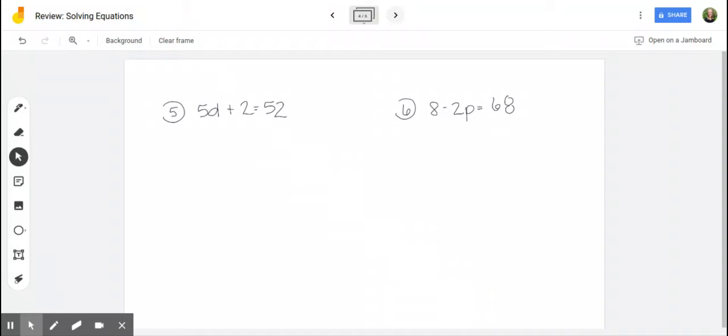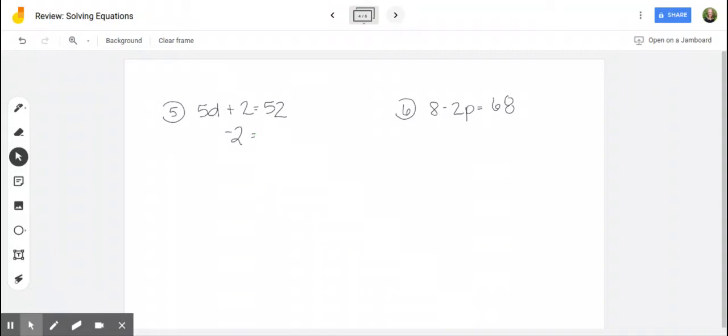So they're connected, right? They're being multiplied. There's no sign in between. They're right next to each other. And they are going to stay right next to each other until the very end, which means that 5 is the last number we're going to try to get rid of. Okay? So that means we need to get rid of that plus 2 first. So the inverse or the opposite of a plus 2 is a -2.